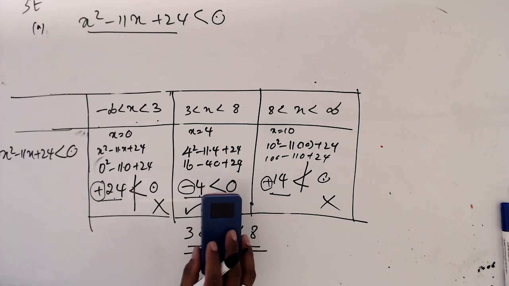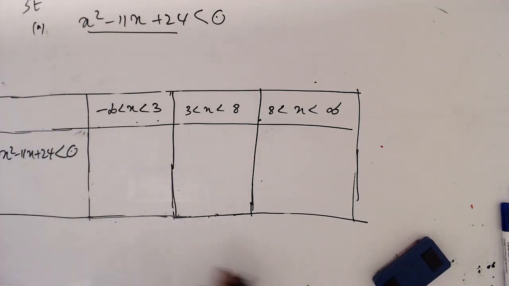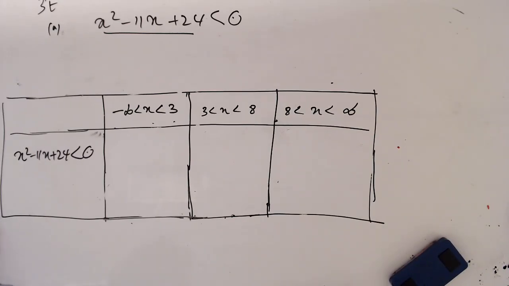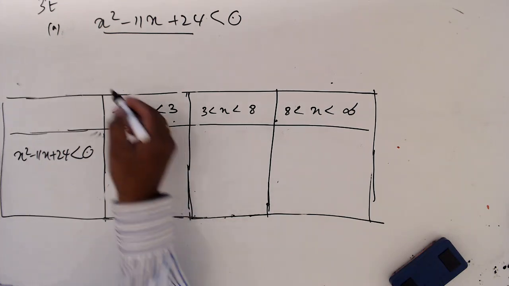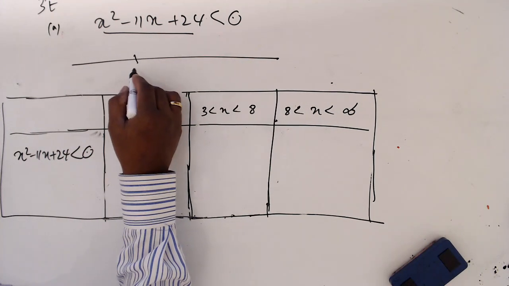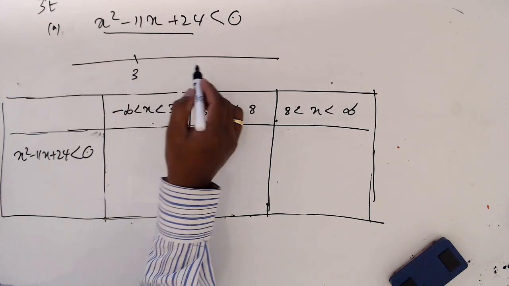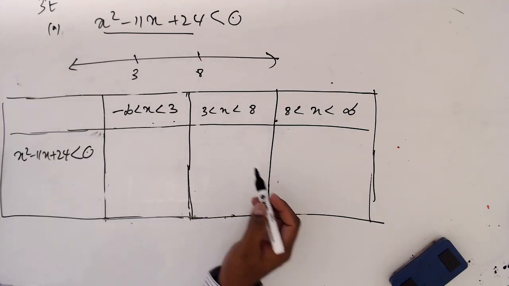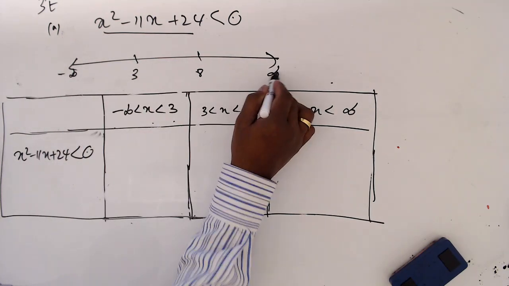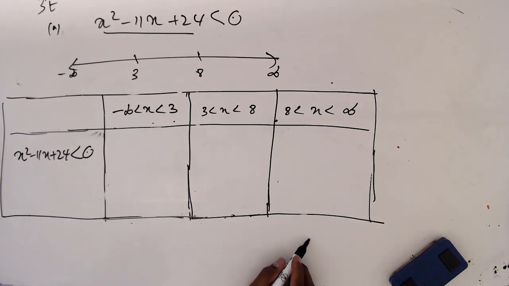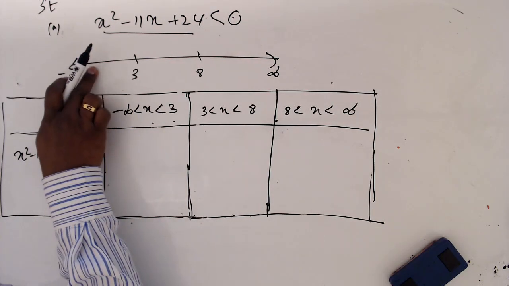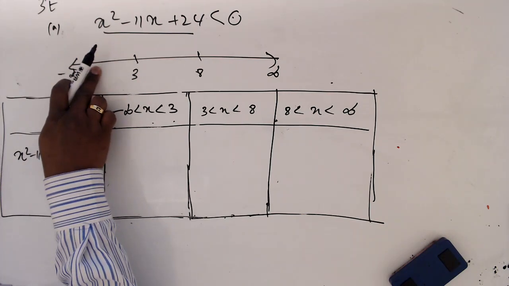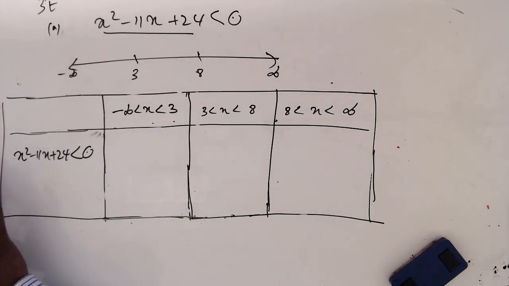Now, 3 and 8. Minus infinity and plus infinity. Now, take any value less than 3, and we are not going to find the value now.